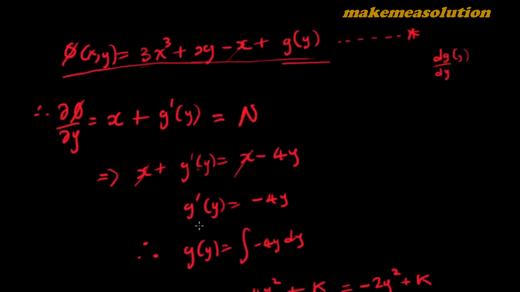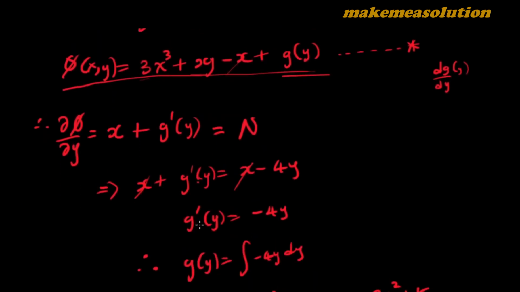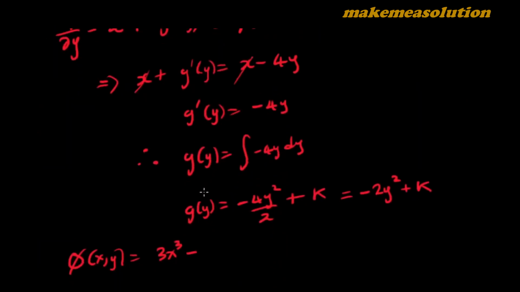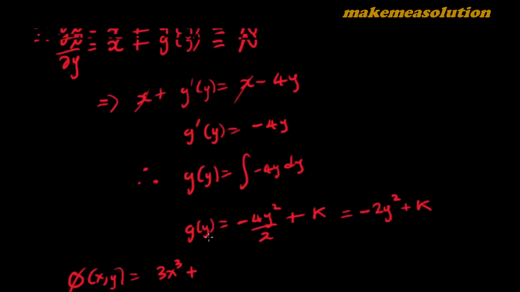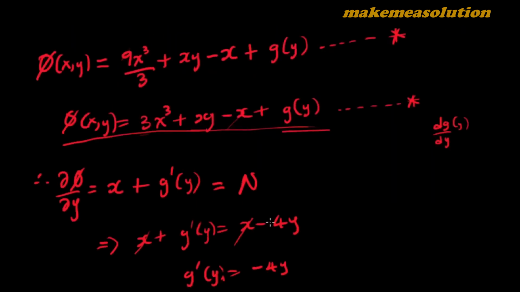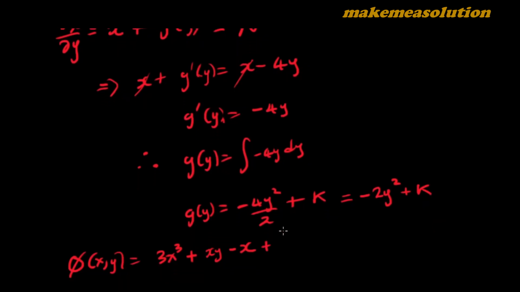So phi of x comma y is equal to 3x cubed plus xy minus x plus g of y. So phi of x comma y is equal to 3x cubed plus xy minus x, then plus g of y, which is negative 2y squared plus k.